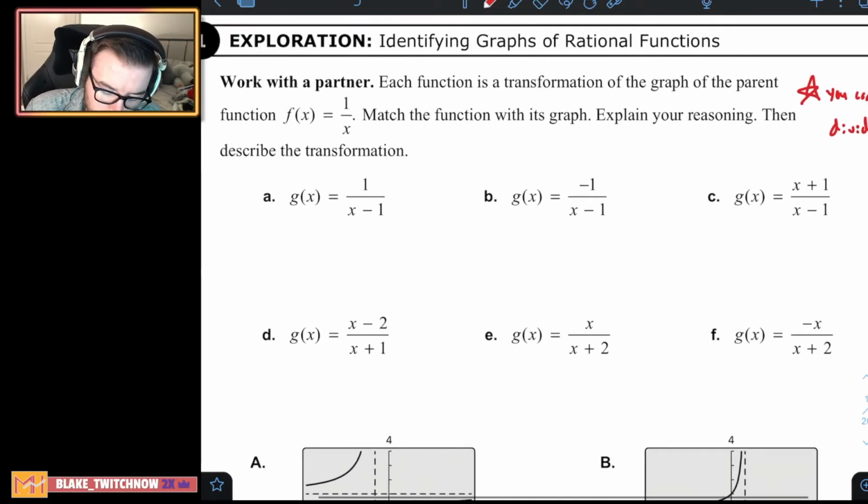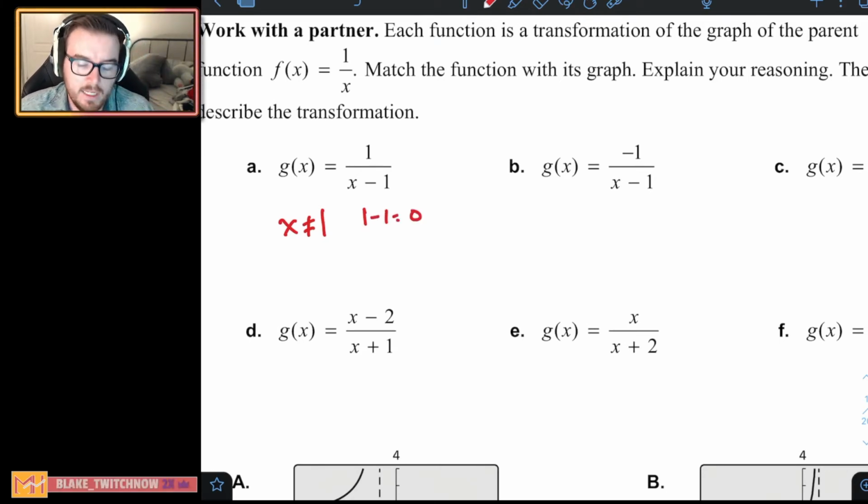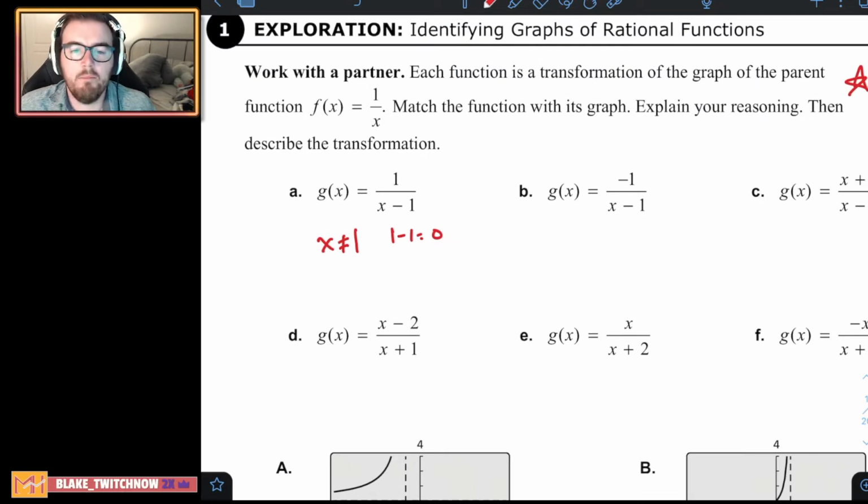So, when you look at these functions, what number would cause your denominator to be 0? x cannot equal 1 because 1 minus 1 equals 0. You can't divide by 0. So what does that mean if you can't have x equal to 1? Well, if there's a value being excluded, it forces a restriction.